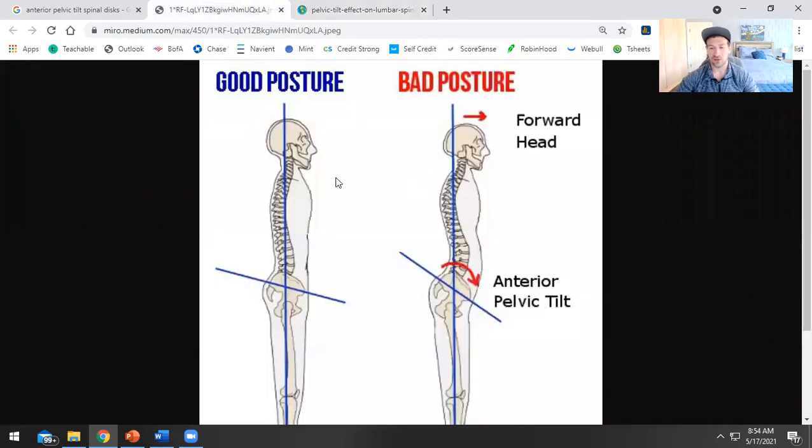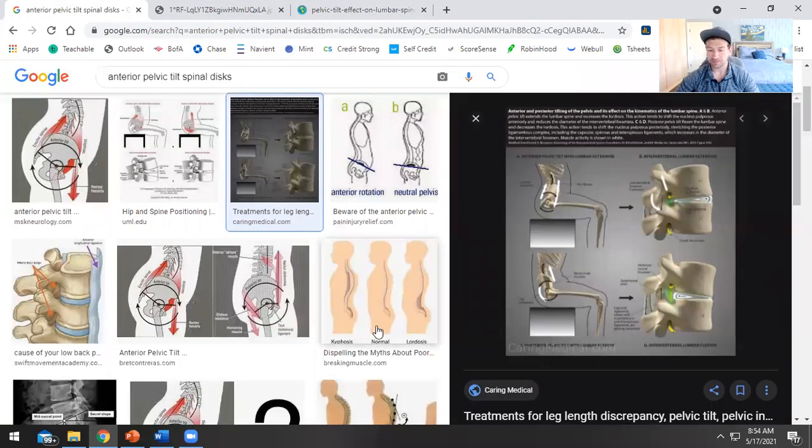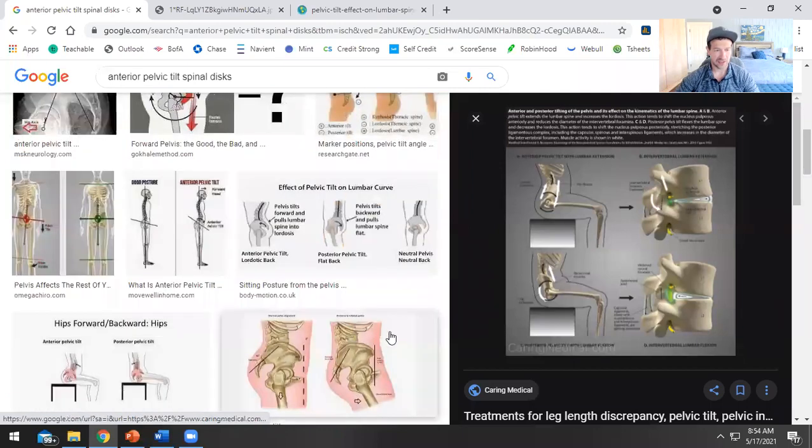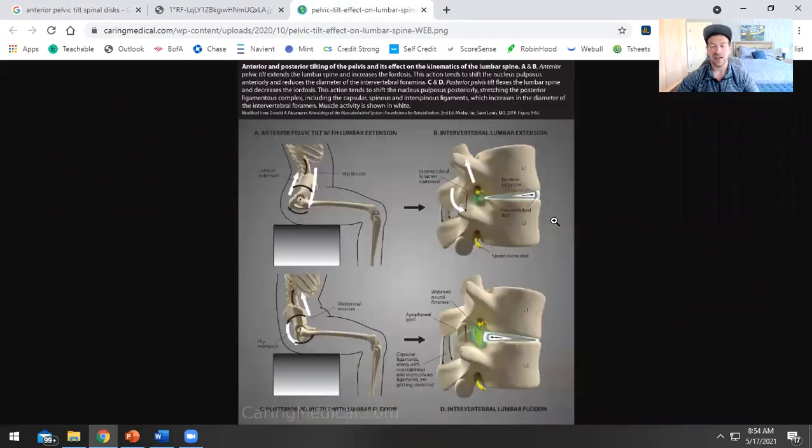Your spinal discs, for the most part, should be pretty even from one side to the other. But what we're seeing instead with an anterior tilt is this collapsing action in the back, and so this part of the disc is grinding. And in a posterior pelvic tilt, we're seeing the exact opposite. We're seeing a grinding action in the front.